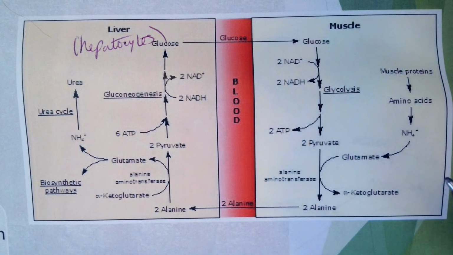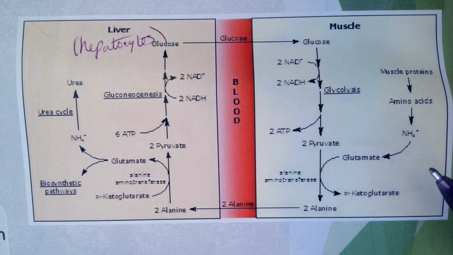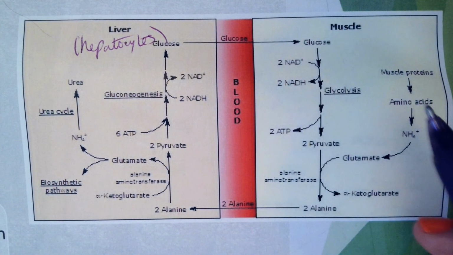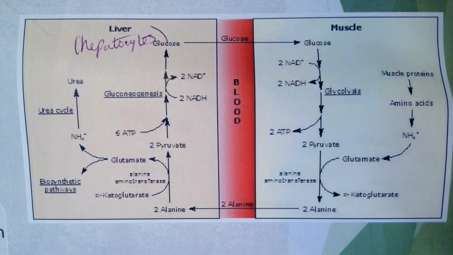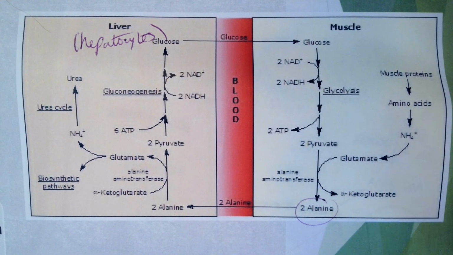So this is literally just zoomed in on what we saw before, focusing a bit more on the relationship between glucose and pyruvate, glutamate, glutamine, alanine, and things like that. Actually, we're not looking at the glutamine. We know we could get glutamine out of this, but we're focusing on the alanine because we're dealing with the liver rather than the intestine.